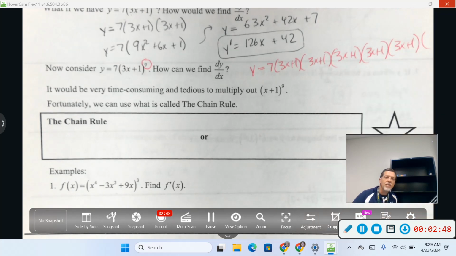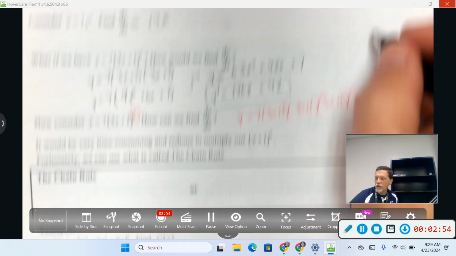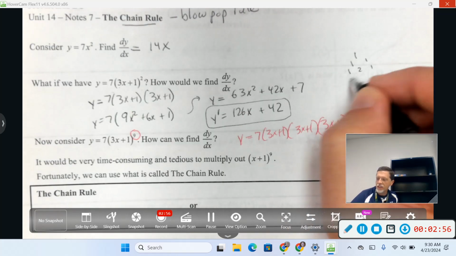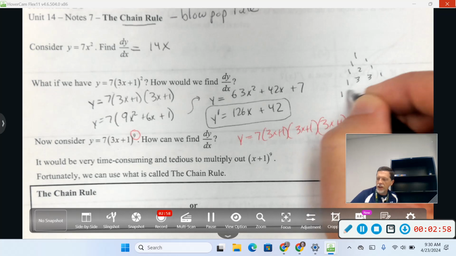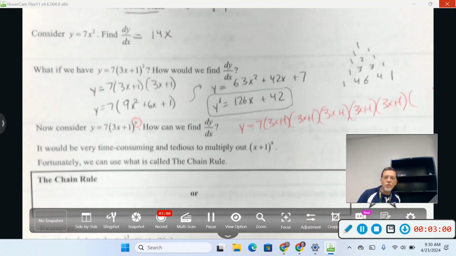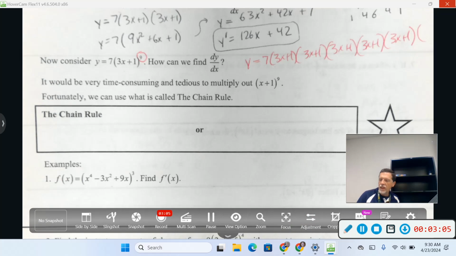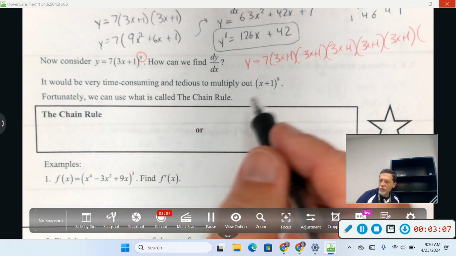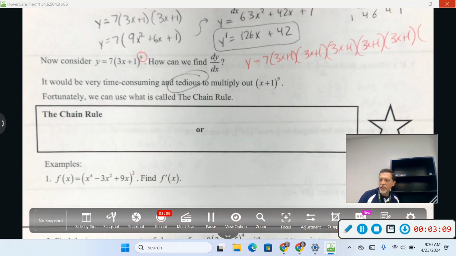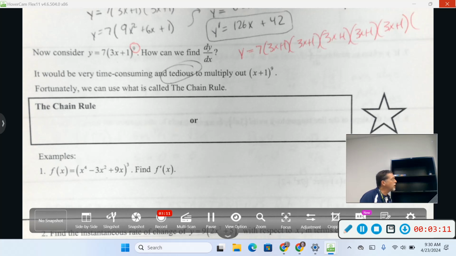You'd have to FOIL and collect like terms, and FOIL and collect like terms. Or if you remembered Pascal's triangle, I suppose you could get there that way. But either way, that's a lot of work. And even then you'd have to take the derivative. It would be very time-consuming and tedious to multiply that out. So yeah, there's a better way, and the better way is the chain rule.